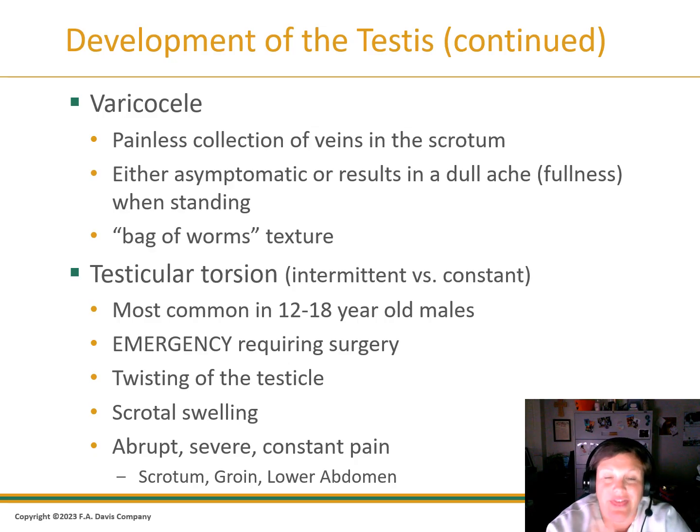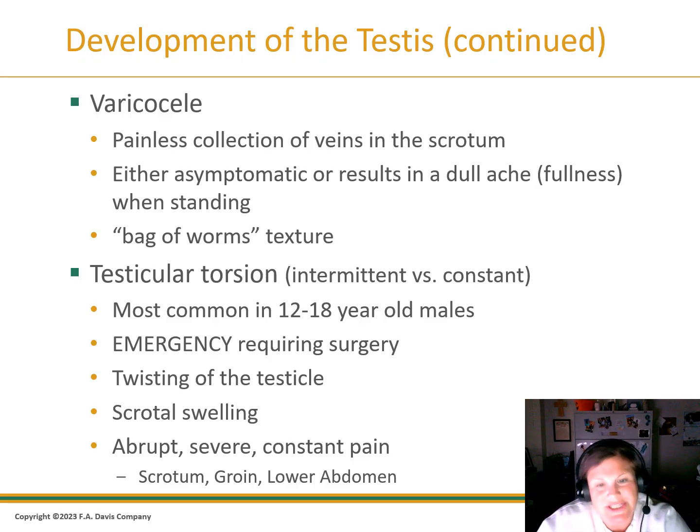With this, what is happening is there is twisting of the testicle, which is obviously going to impact circulation. It is painful. The patient experiences scrotal swelling and both abrupt and severe constant pain occurring in the scrotum, groin, and even as much as the lower abdomen.